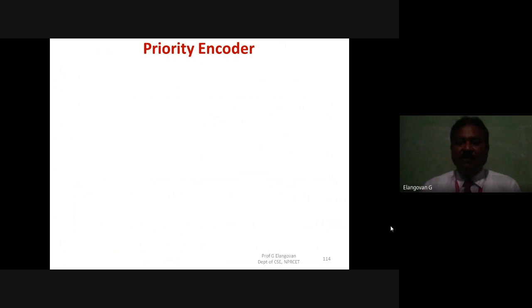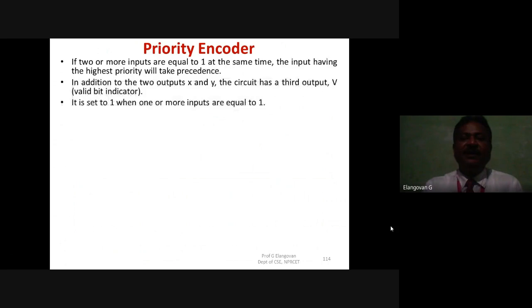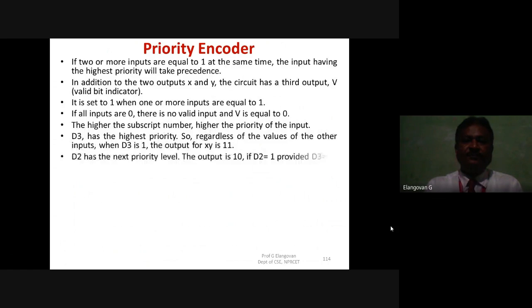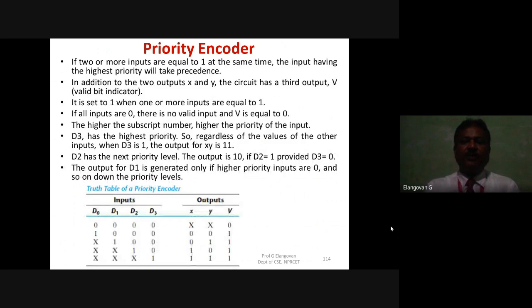To determine the priority, we design this circuit. So look at this: D0, D1, D2, D3. D3 has the highest priority and D2 has the next priority level.